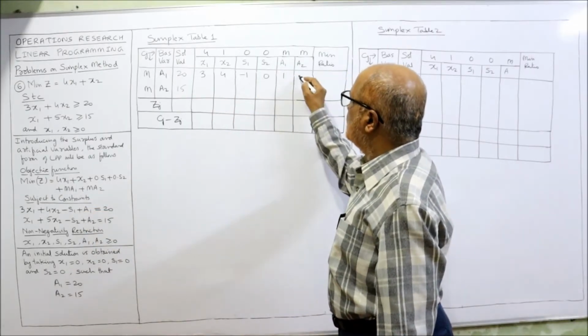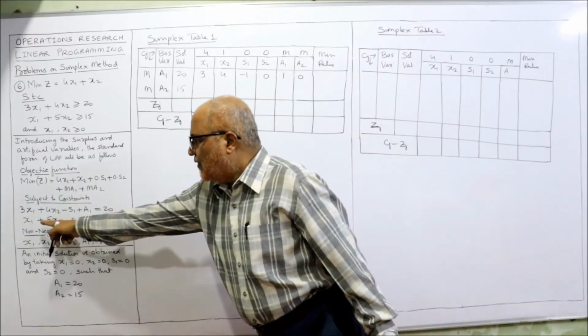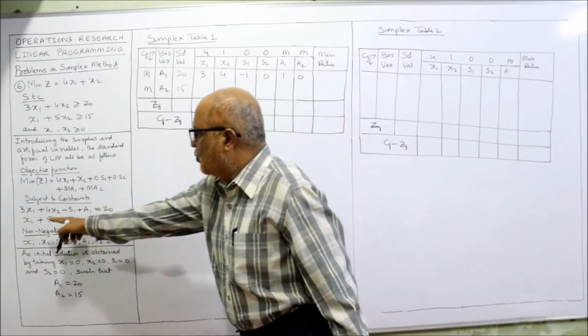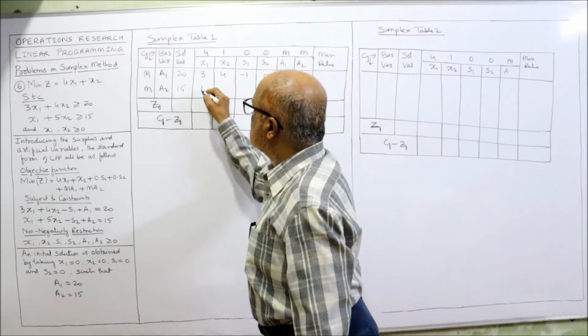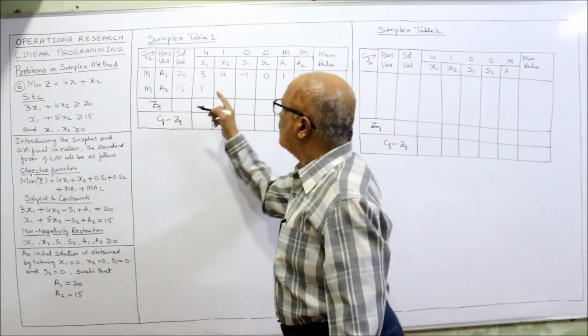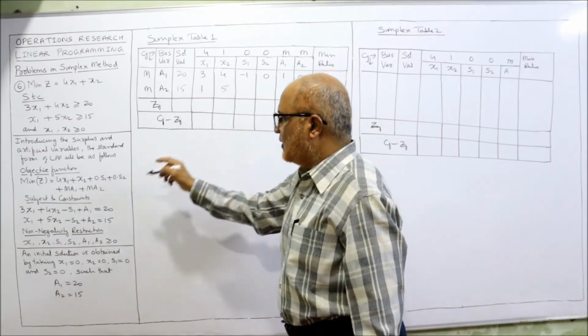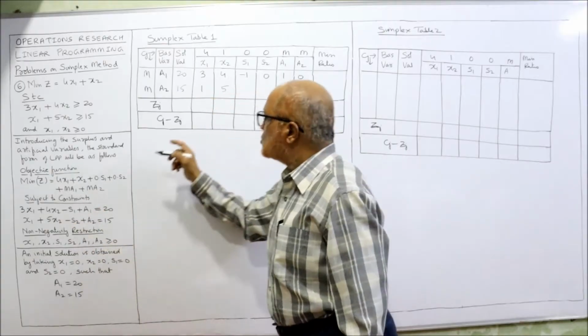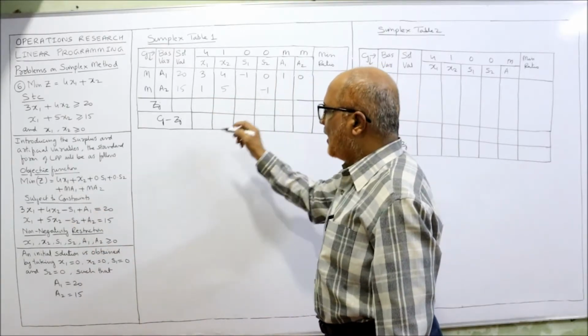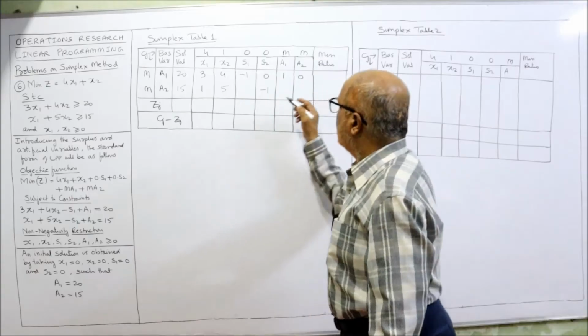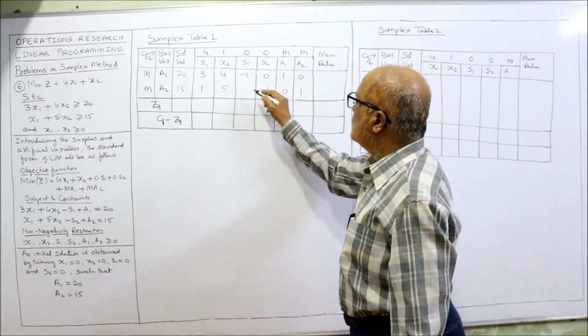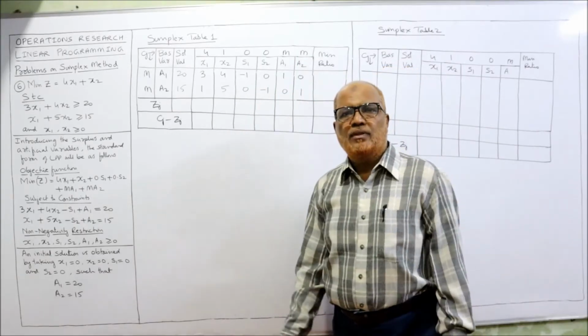Remaining values 0. Second one. 1x1, so x1 is 1, 5x2, so x2 is 5, minus s2, so s2 is minus 1, and a2 is 1, other values you take it as zeros, that's it.